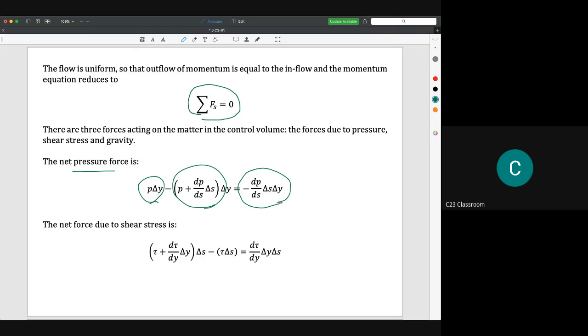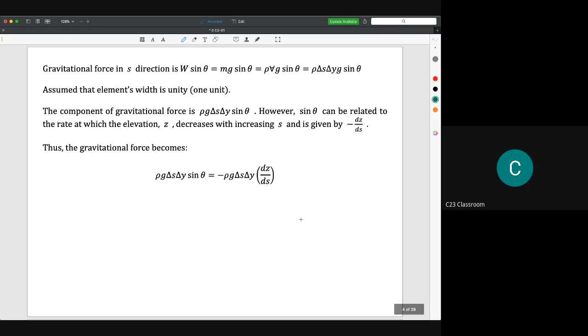Then we have the force due to the shear stress, so it will become this one, and then we will have the net force of this one. Then we have the gravitational force, and we know that the weight here is equal to mg. It can be written as rho V g, where V here is the volume. I think you already know about this conversion.